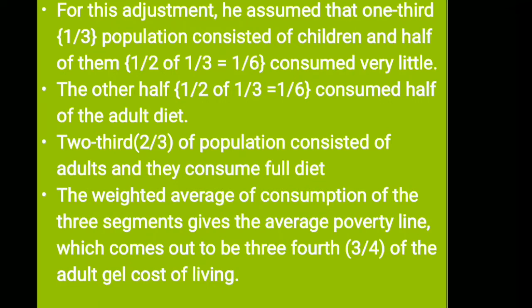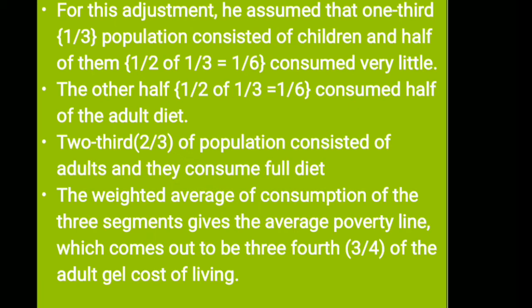For this adjustment, he assumed that one third of the population consists of children and half of them consume very little or nil. The other half consumes half of the adult diet. If we look in detail, the total population is divided into two parts.